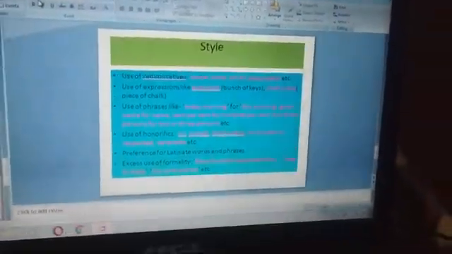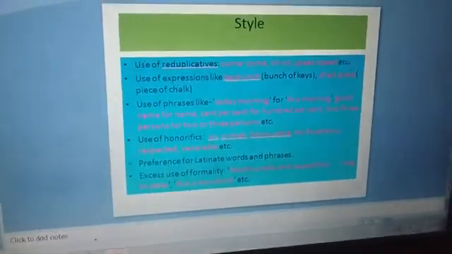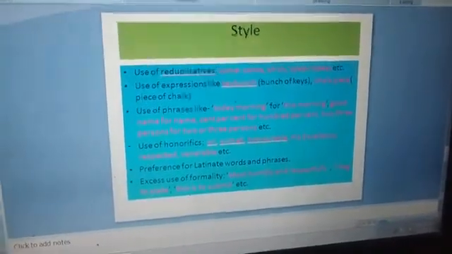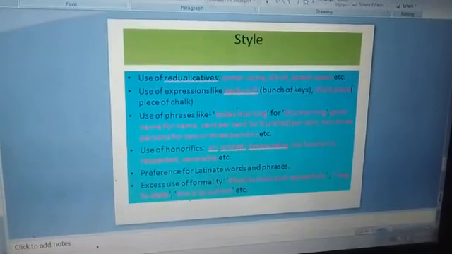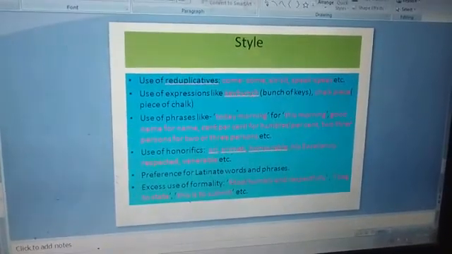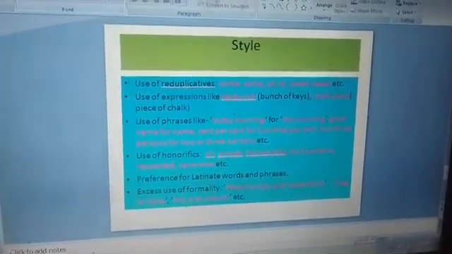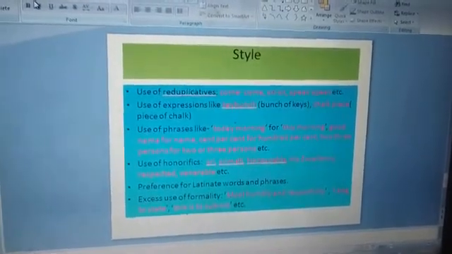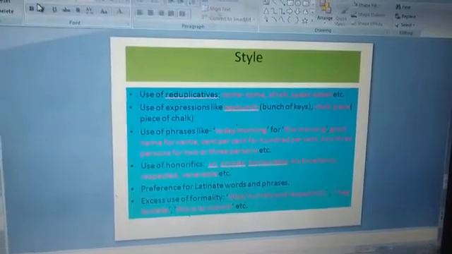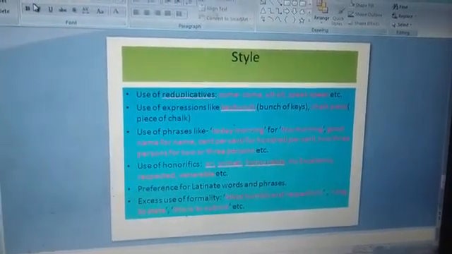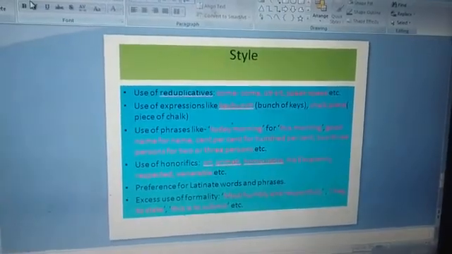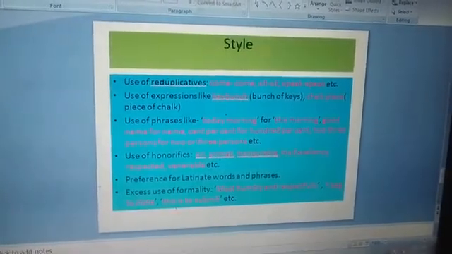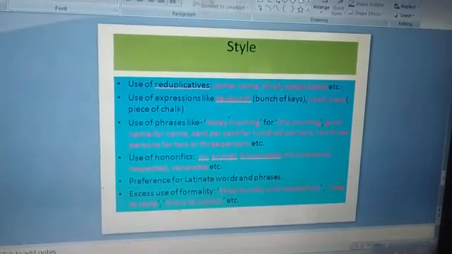So these are certain important, distinguishing features of Indian English, which are not very much in consonance with British English. So these become distinguishing features of Indian English, and gradually this has developed as a separate type of dialect of the English language, although this is being accepted outside India also.